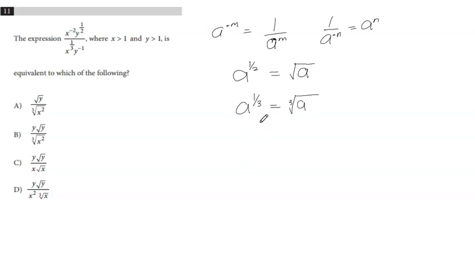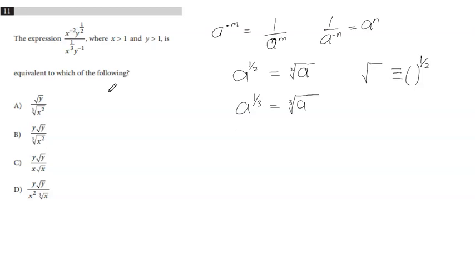Actually, there's a 2 here, but we don't normally write the 2. There's a little 2 sitting right here. We leave it alone. It's generally accepted that if you see the square root, this is equivalent to raised to the power half.